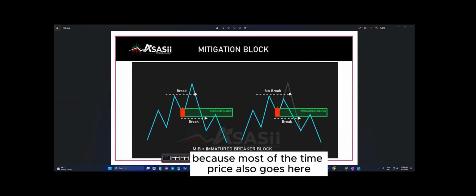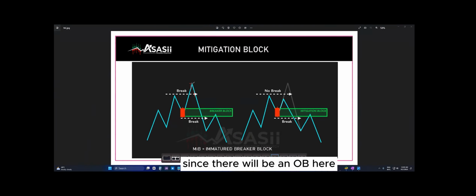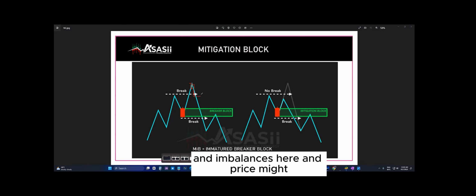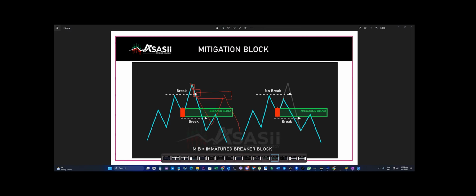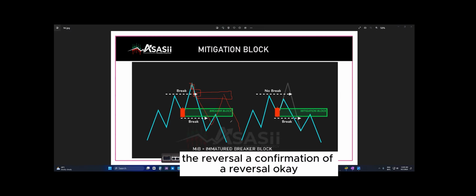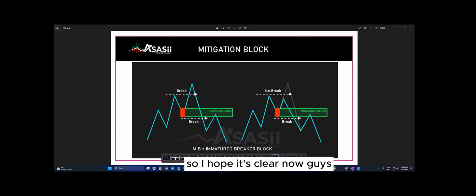Because most of the time, price also goes here since there will be an OB here and imbalances here, and price might go to this side before it goes to the reversal, a confirmation of a reversal. Okay, so I hope it's clear now, guys.